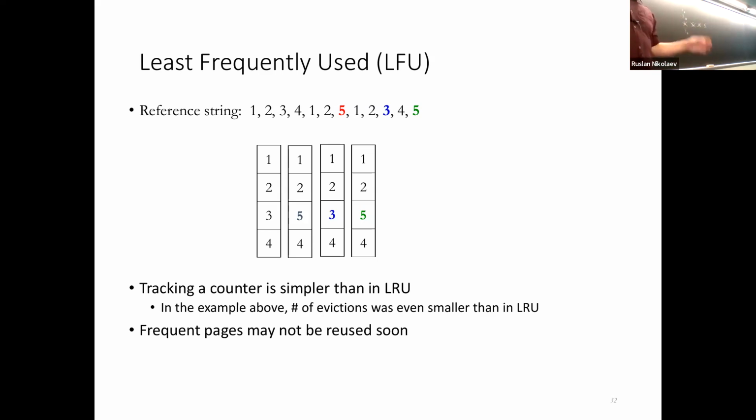Imagine you executed some code maybe 1 million times, and how long will it take to kick out that page even though it's no longer used. So you can definitely come up with an example where it's going to be worse than LRU. And I think LRU is still a better approximation of the optimal algorithm, even though in this particular example maybe it's worse, right?